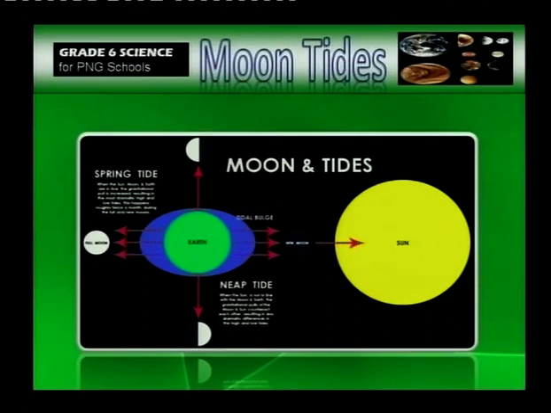When the sun, moon, and earth are in line, the gravitational pull is increased, then you experience high tide. And that's how it causes high tide.